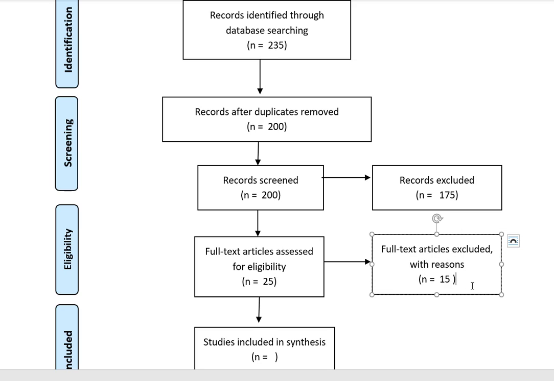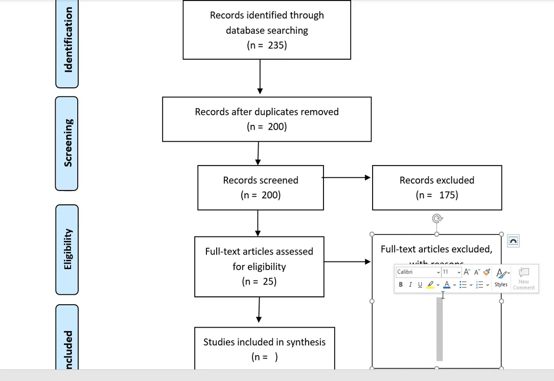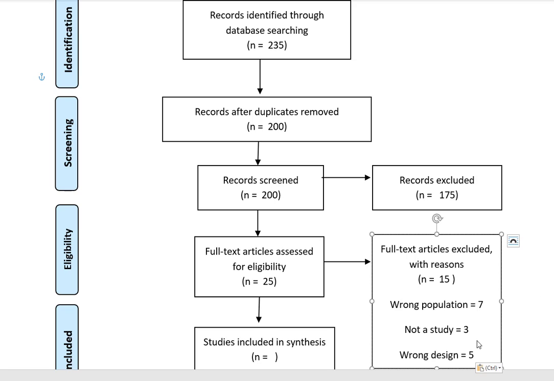So you have to say why the full text article did not meet the criteria to be included in your review. So it could be anything. It really just depends on why the full text article didn't work. For this example, we're going to say that we had 7 with the wrong population, 3 that were not actually studies, and 5 that had the wrong study design.